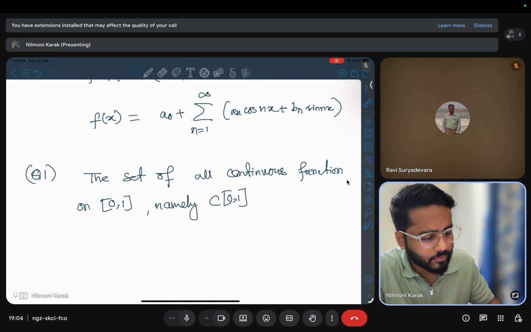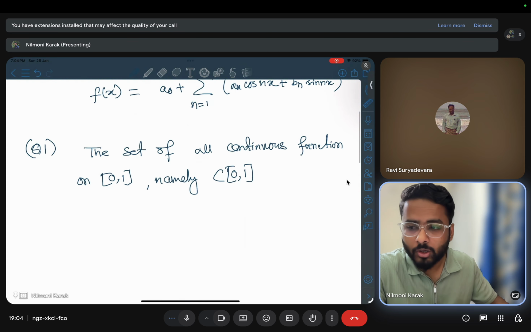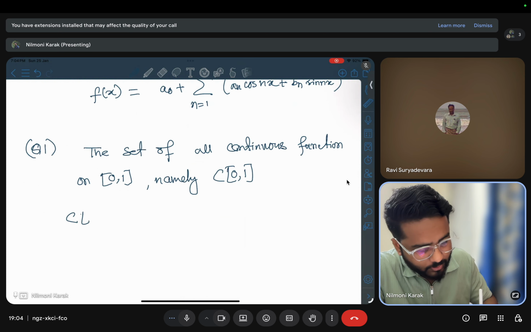You know about this? That means it is not a function, it is a set. You collect all the functions f from [0,1] to R or C such that f is continuous. So this is the set of all continuous functions on [0,1].